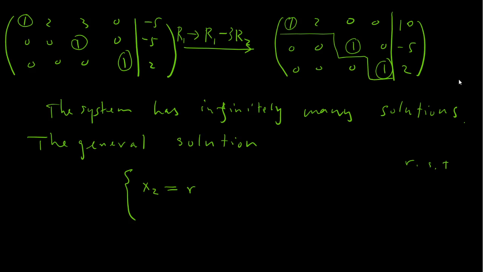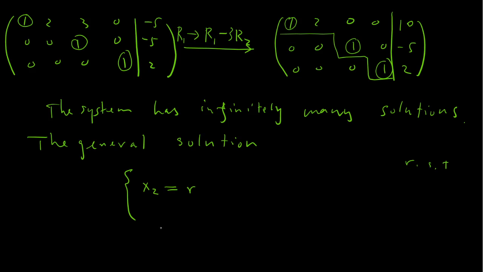First of all, you identify the columns without leading ones, and then you set the corresponding unknowns to be the parameters. The next thing you do is to write all other unknowns in terms of the parameters.